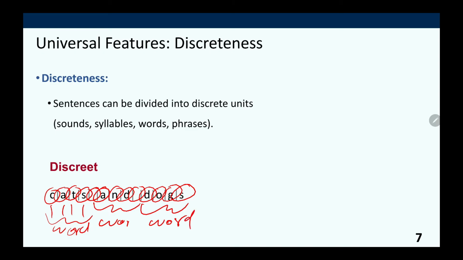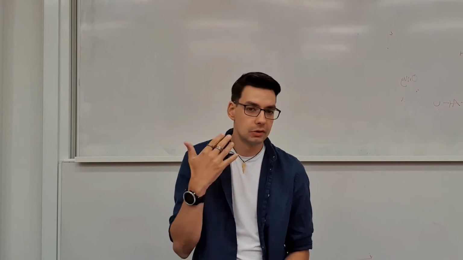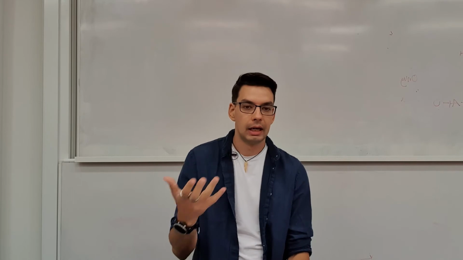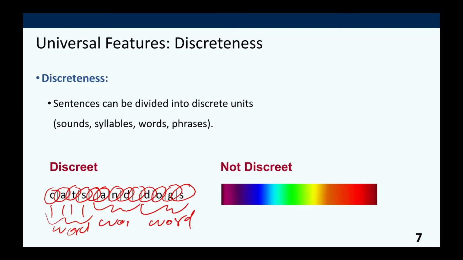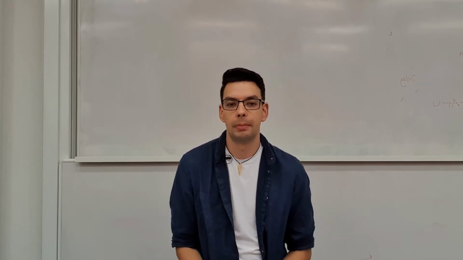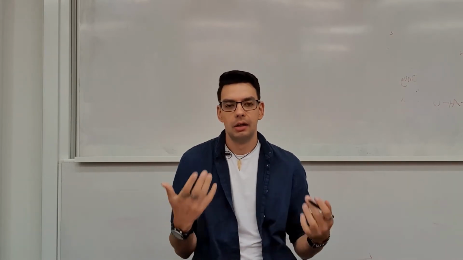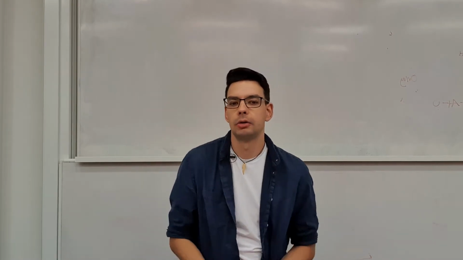So we can also have different levels of discreteness building on top of each other, which is something that we'll find a lot in our study of language. Now, the opposite to that would be something that is continuous or non-discrete. For example, the color spectrum is not discrete. There is a sense in which you can say that certain colors are made up of other primary colors, but it's not the case that when you look at something that is violet, you see the individual color components.